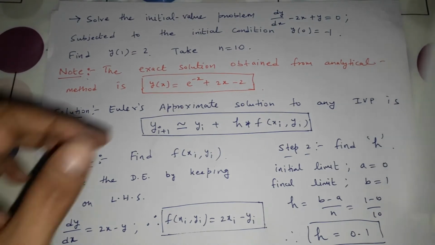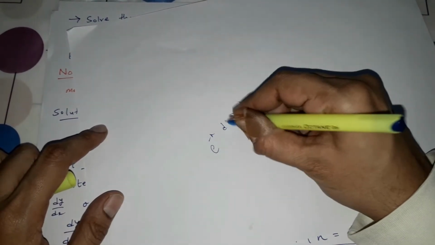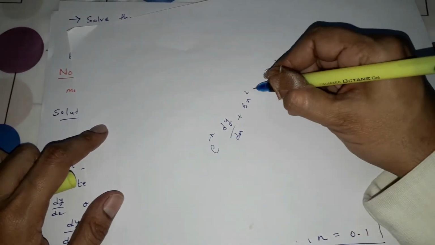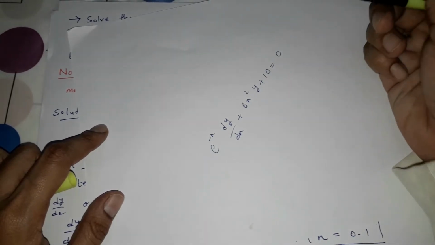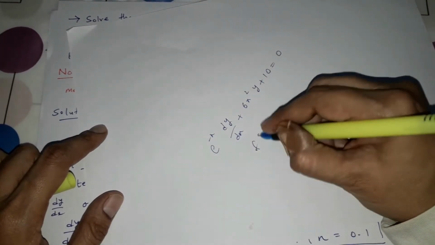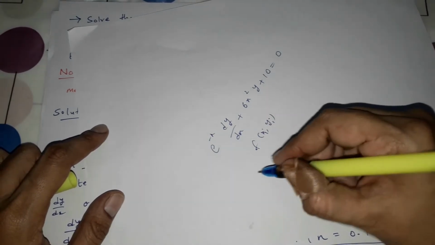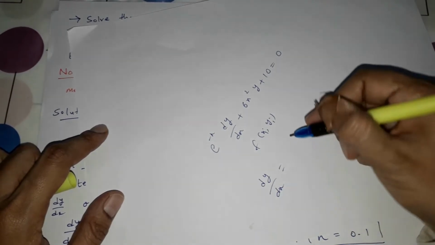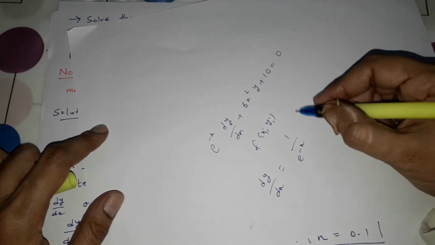In exam you may get a question like this: e power minus x dy over dx plus 6x square y plus 10 is equal to 0. Now I want to find f of x comma y or xi comma yi. What I will do, I'll keep dy over dx on the left hand side, remaining all I will send it on the right hand side.